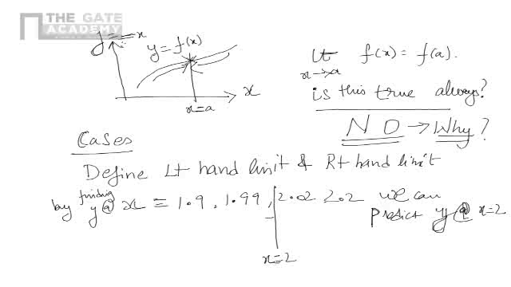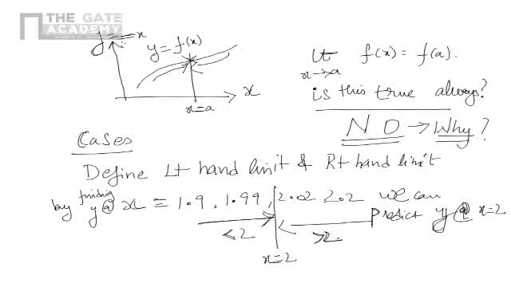In this region we are traveling to 2 by taking values less than 2, that is 1.9, 1.99, 1.999 like that. Here we are always taking values greater than 2, reducing the values and converging towards 2.